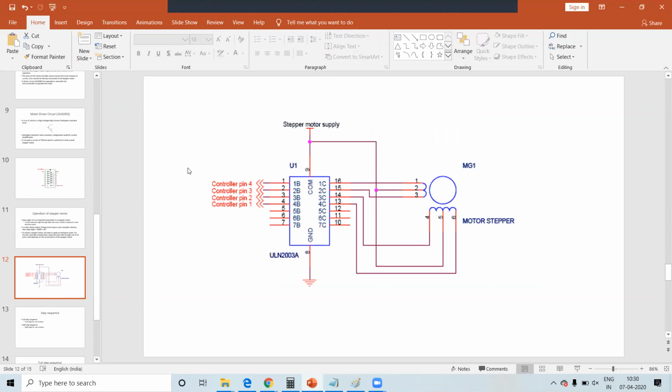Move from the accumulator to a port, any one of the ports. Then the port should be connected to the hardware, that is ULN 2003. So the port is connected to this motor driver device. Then from that to the stepper motor.